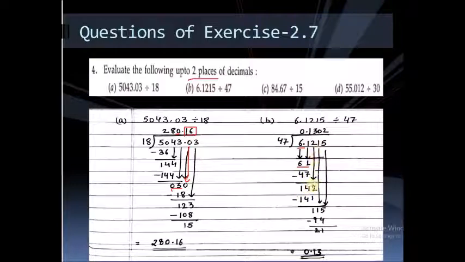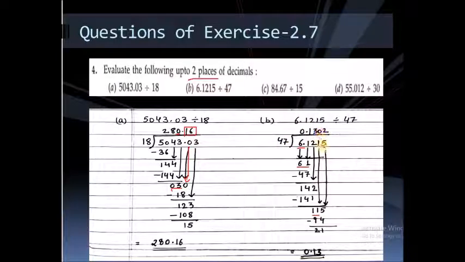Then I note down the second digit after the decimal point. 142 is there. Nearest to 142, I get 141. That will come 3 times in the table of 47. So I write 3 over here and 141 over here. Again, I will do the subtraction. I will get 1. Then I note down the next digit. 11 is there only. Okay, 11 is not divisible by 47. So I have to put this 0.